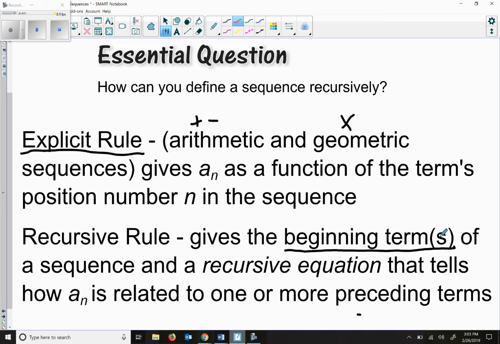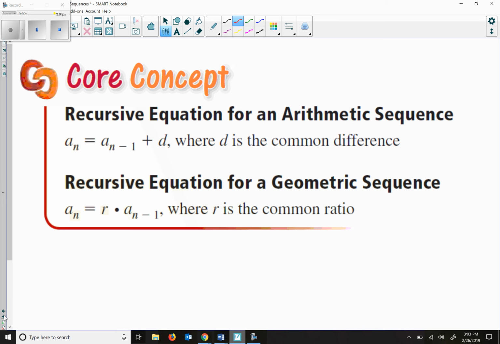The rule also gives a recursive equation that tells how a sub n is related to one or more of the preceding terms. Hopefully you've got those definitions down, and if not, just pause and keep writing. But I'm going to move on to the next slide.